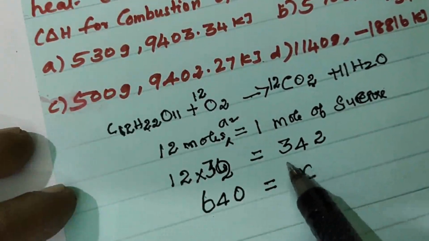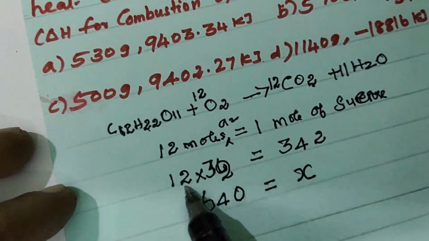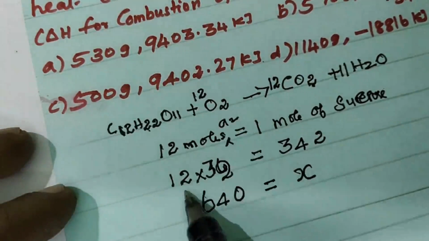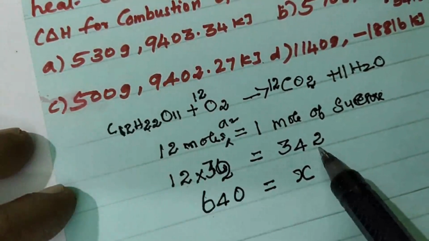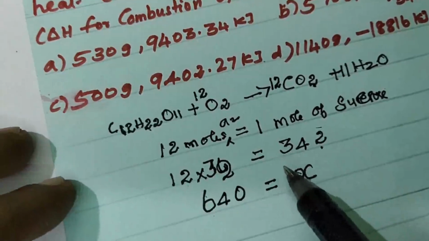According to this equation, 12 moles of oxygen, that is 12 into 32 gram, corresponds to 342, which is the molecular mass of sucrose.